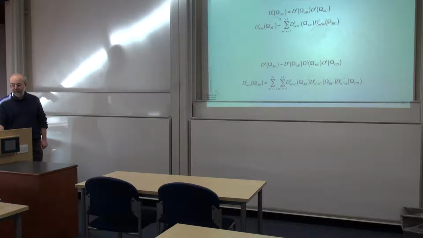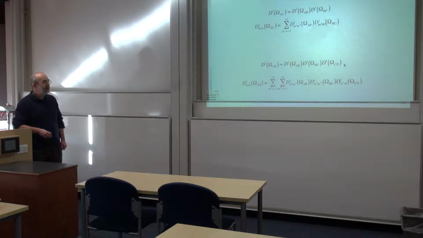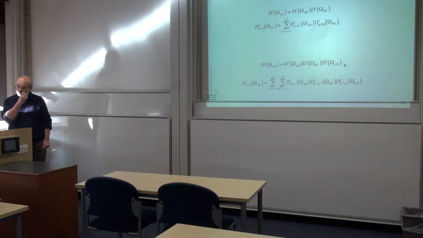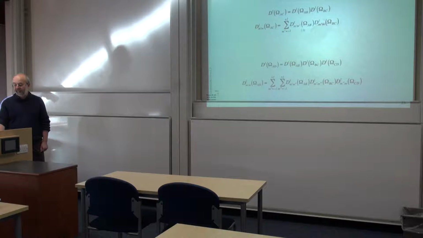The rank L matrix for transformation from A to C is just the product of the rank L matrix from the transformation from A to B and then from B to C. And to go from A to B to C to D, you just multiply three matrices together, always keeping the subscripts nicely chained together. So if one writes things that way, then basically the equations more or less write themselves. You just keep everything in nice chains.